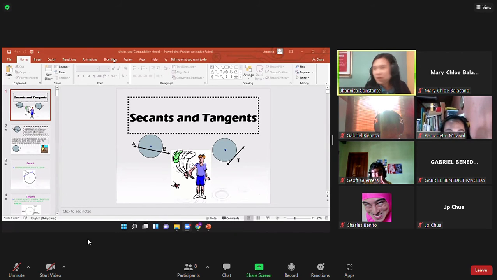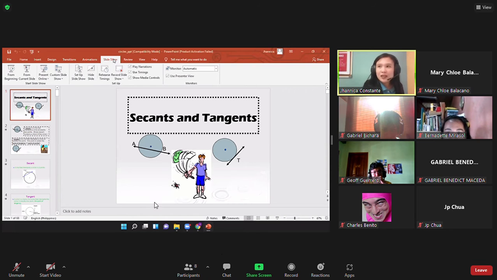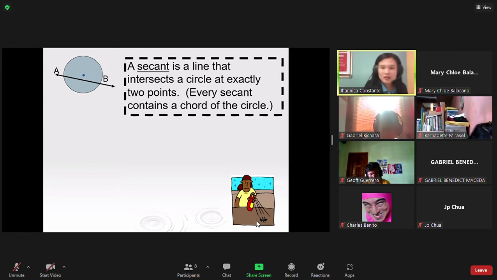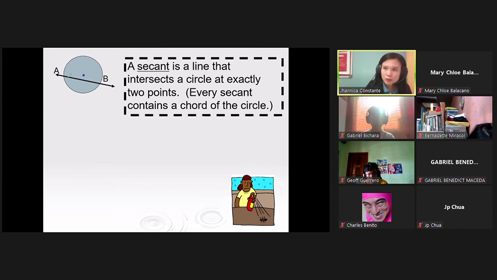Let's proceed with the secant and tangent of the given circle. When we say secant, that is a line that intersects a circle at exactly 2 points. When we say tangent, a tangent line is a line that intersects only 1 point on the circle.